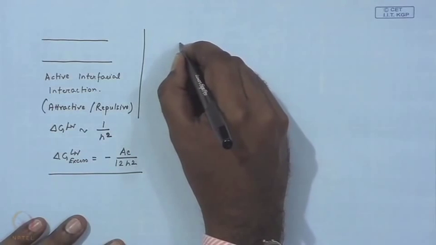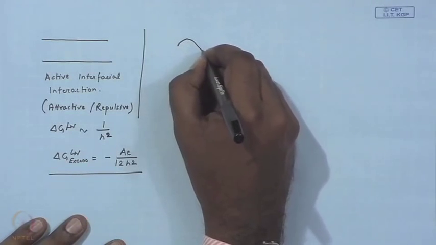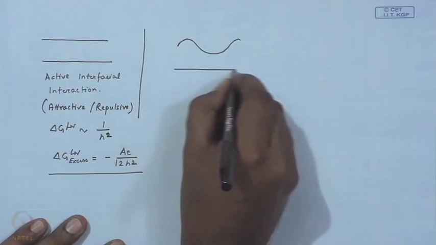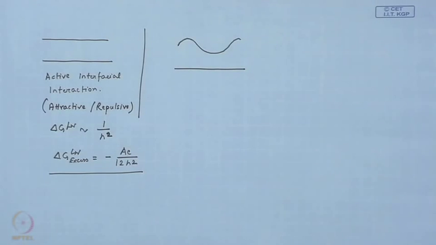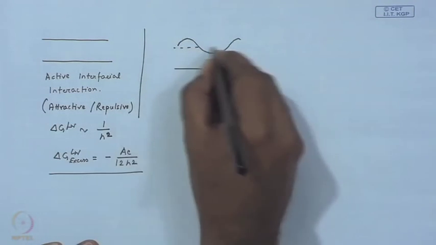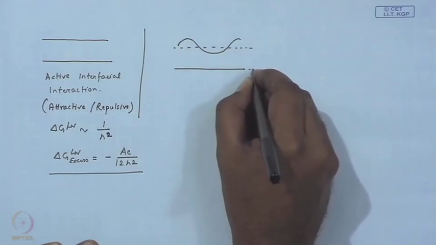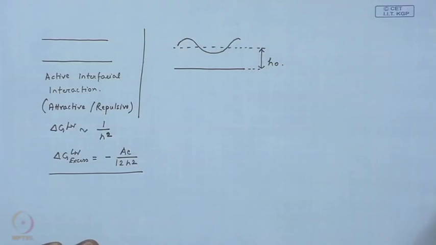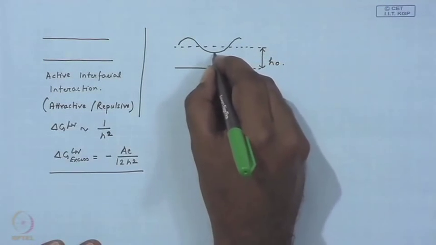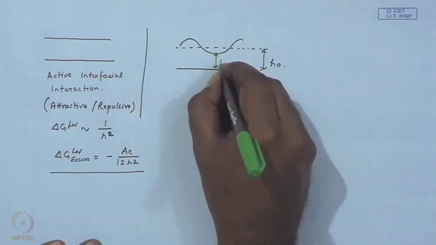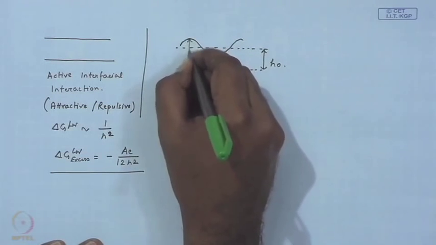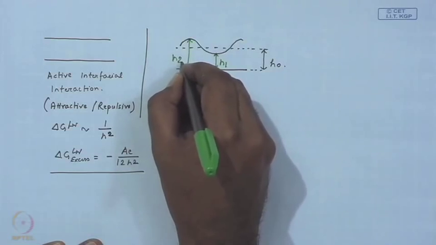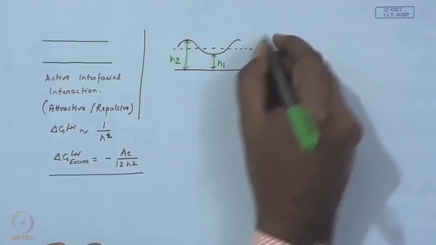So, at any instance of time, if you now investigate the surface, let us say it is like this, we are tracking one single fluctuation, and let us say this was your mean film thickness. You have this instantaneous fluctuation, let us say here the thickness is now h1 and here it is h2. This is at any given instance of time.